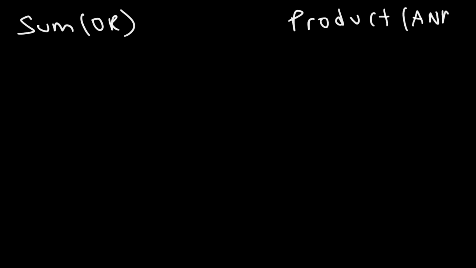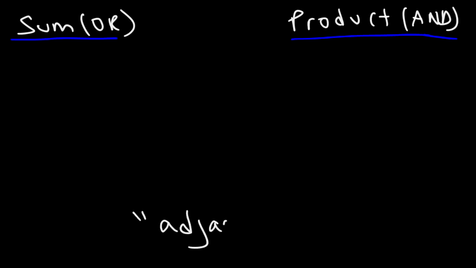Now, there's some more rules of Boolean algebra that you need to be aware of. So let's write the two columns that we had before. The next rule that we're going to talk about is something called the adjacency rule. And here's the formula.